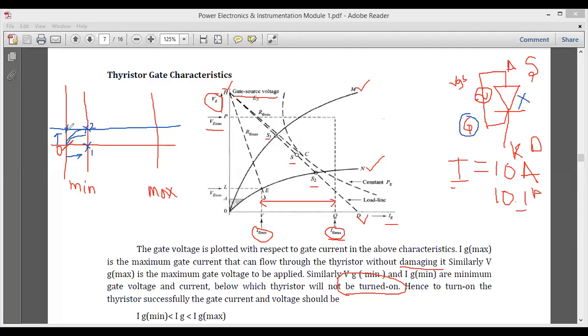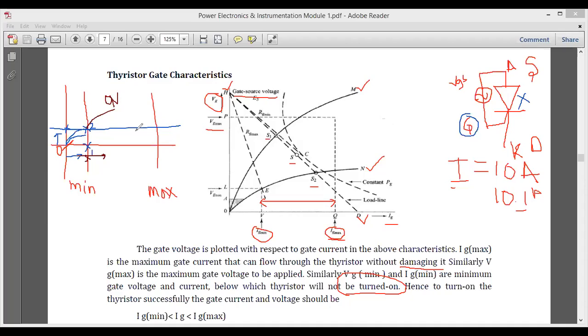Once you cross the minimum lines like this, if you cross the current above the minimum line, or at least at the minimum line, and also the voltage beyond it, then your SCR will turn on.